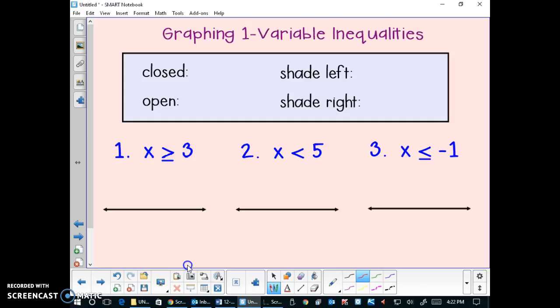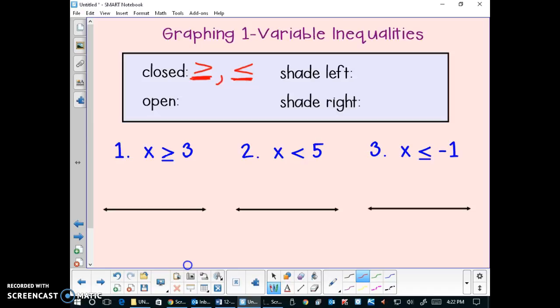So our two inequalities with equal to signs are greater than or equal to, and less than or equal to. So those will give you a closed circle if you have either of those because they have this equal to part, okay?